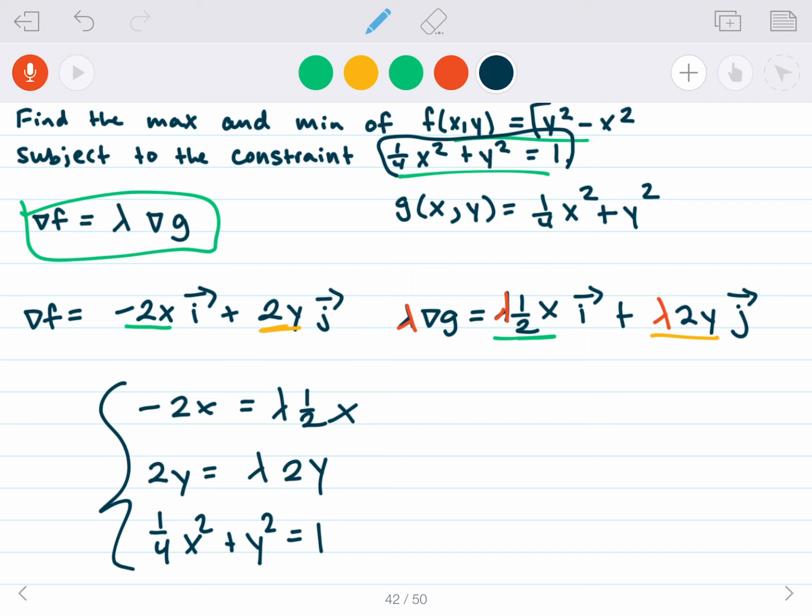Again, I like to see if I can get lambda by itself. That's kind of a general strategy that you can use. So let's go ahead and do that.